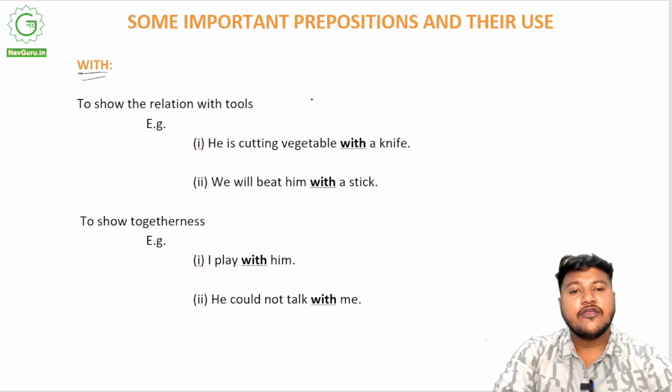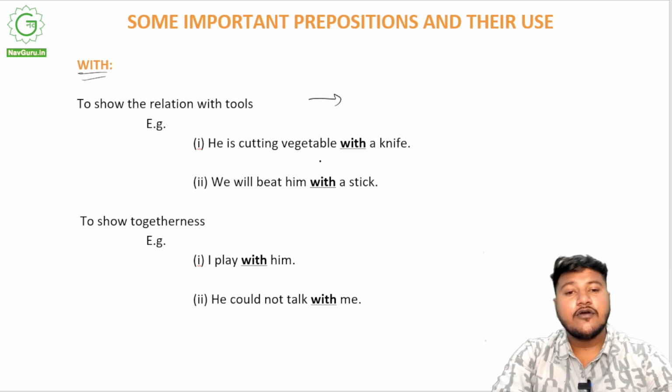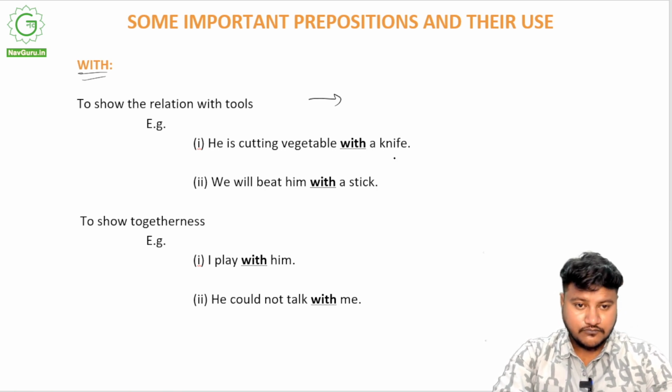And the first one, if you are using a tool, if it's an object, you can show the relationship with the subject. In this example, he is cutting vegetables with a knife, right? So cutting is the verb, vegetable is the object, and so what is he cutting it with?